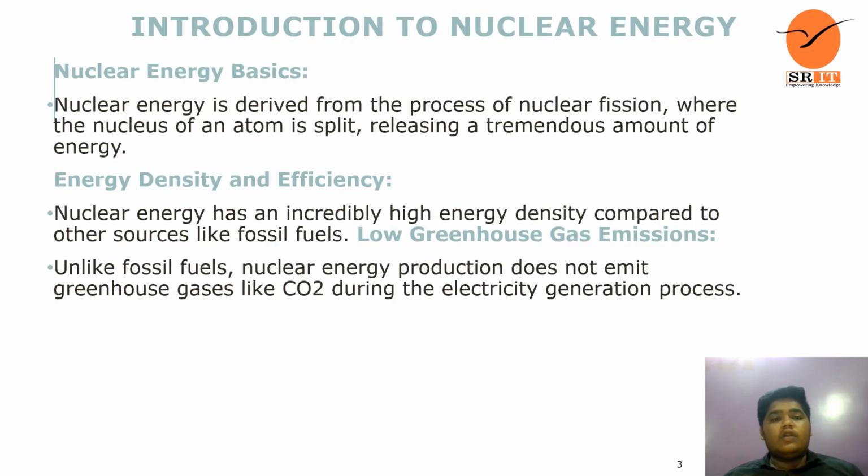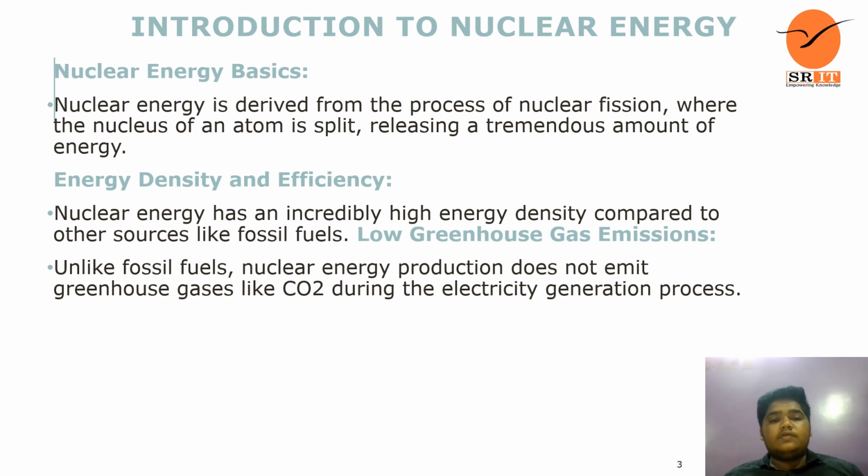Introduction to nuclear energy. Nuclear energy basics. Nuclear energy is derived from the process of nuclear fission, where the nucleus of an atom is split, releasing a tremendous amount of energy. Energy density and efficiency.